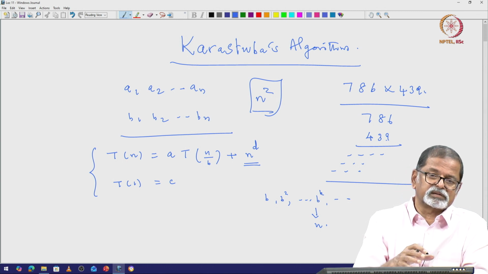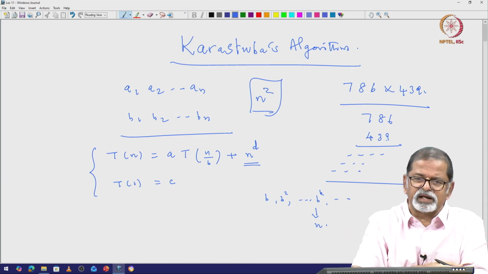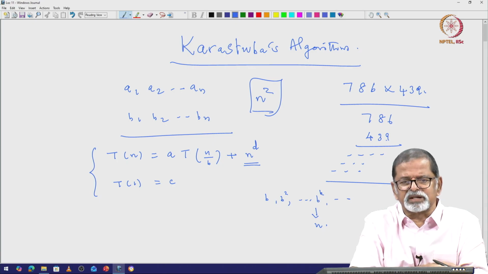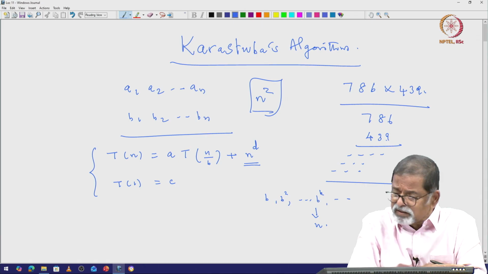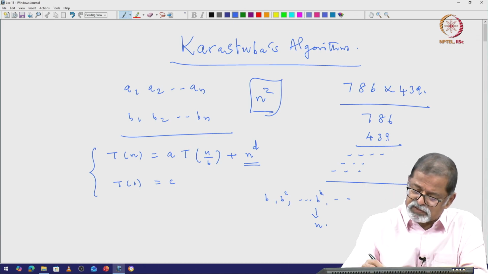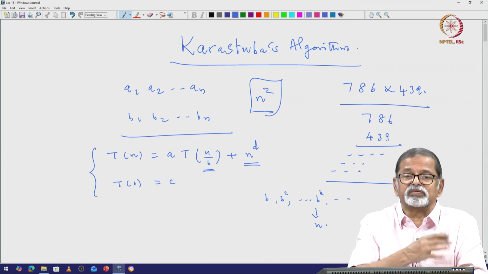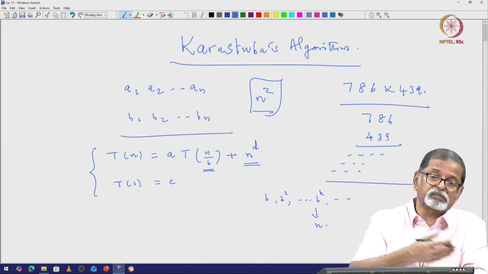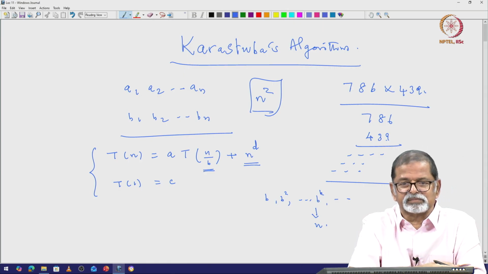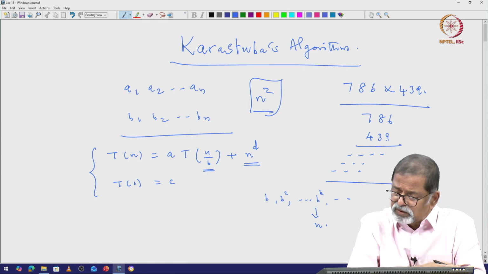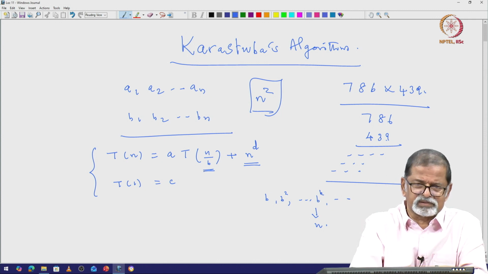Monotonicity can help, and there are several other conditions that will also help in extending the solution of this recurrence equation for specific values. Here the specific values are powers of b, because you have n by b over here. Only for powers of b, n by b will be an integer, and recursively it will continue to be an integer. So we normally assume that n is a power of b and then derive results.